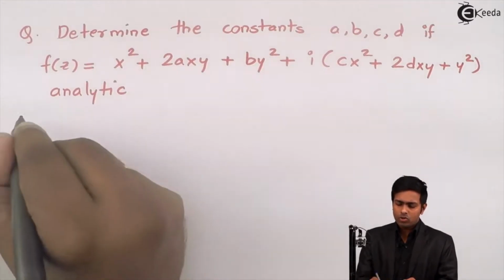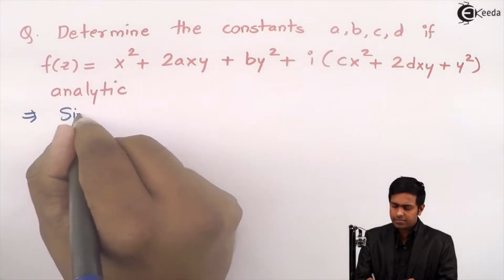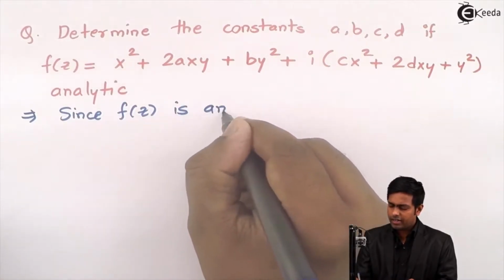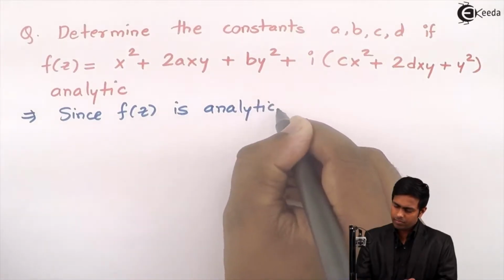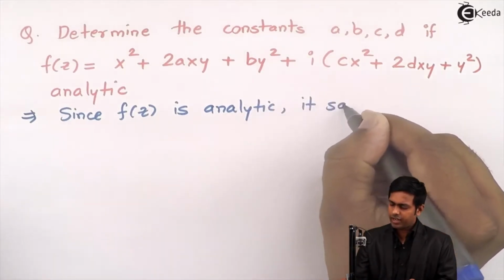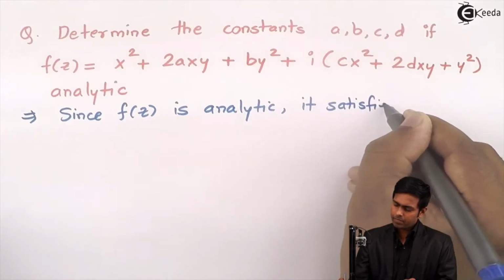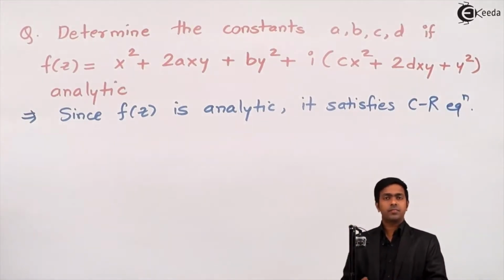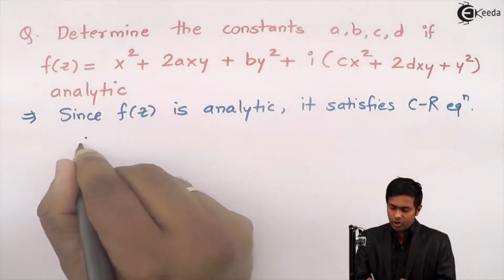So let's start. Since f of z is analytic, it satisfies the CR equations, that is Cauchy-Riemann equations. Now, what are the Cauchy-Riemann equations?